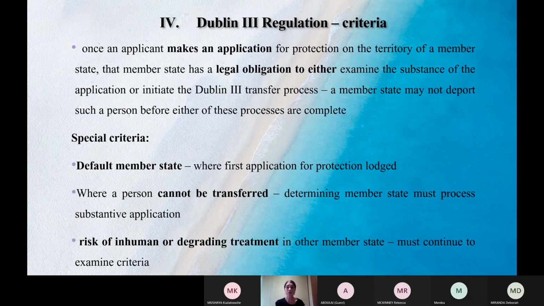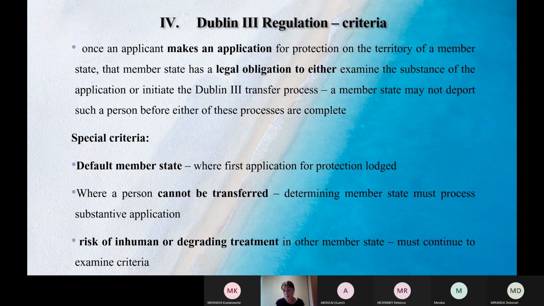So getting then to the substantive criteria. Once an applicant makes an application for protection on the territory of any member state, that member state is obliged to do one of two things. Either they have to process the protection application in full, in substance, or they must transfer that person to another member state to do so.